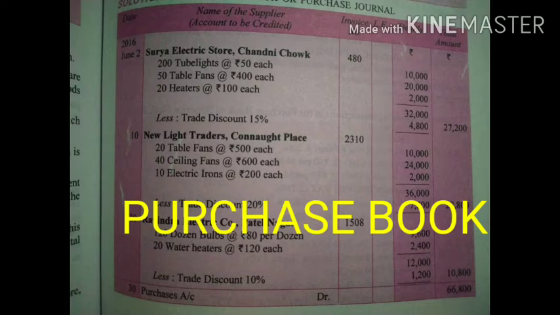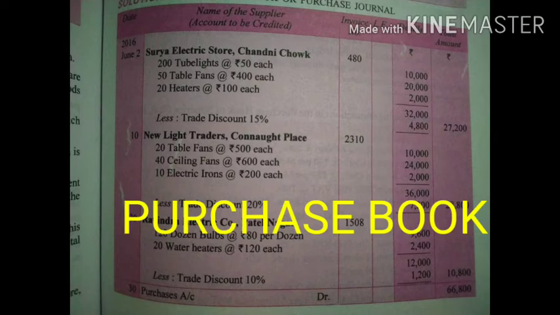The second column is the name of the supplier, the person who has supplied the goods, and details of the goods purchased, and at what rate it is also mentioned there.